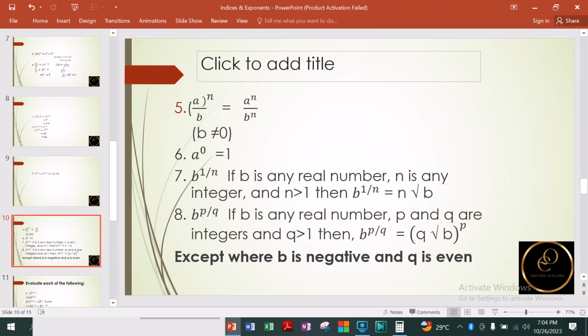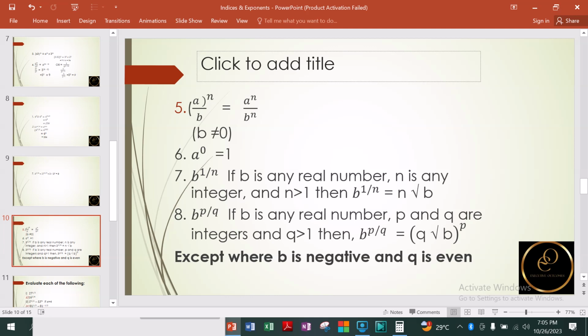Let's look again at the 8th rule, where you have base raised to power p over q. The indices are a fraction, whether improper fraction or proper fraction, doesn't matter.